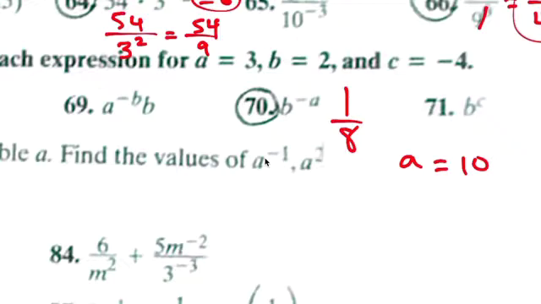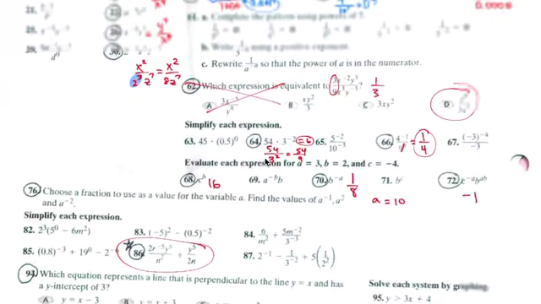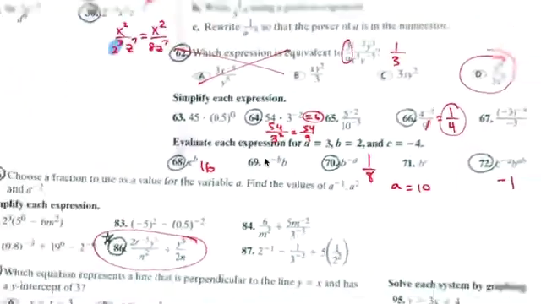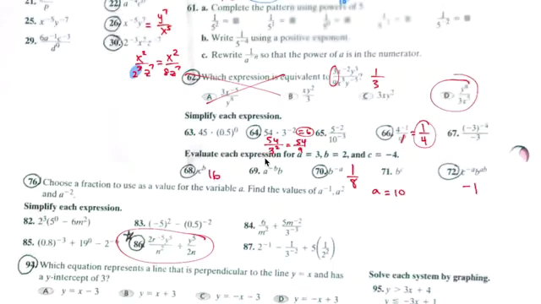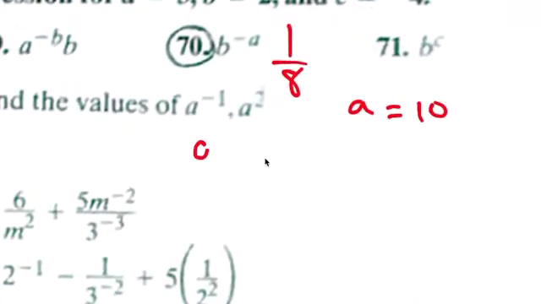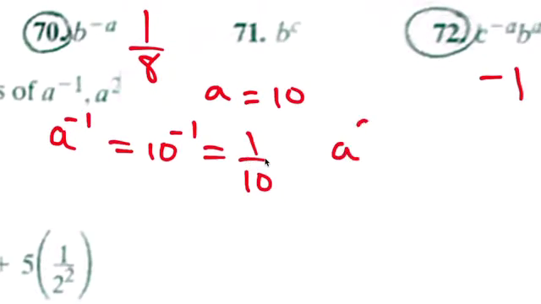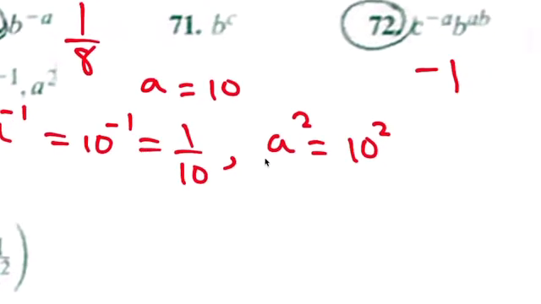You can make up anything you want. So the difference between these is a to the negative 1. That means 10 to the negative 1 means 1 over 10. And then a squared is 10 squared or 100, right?